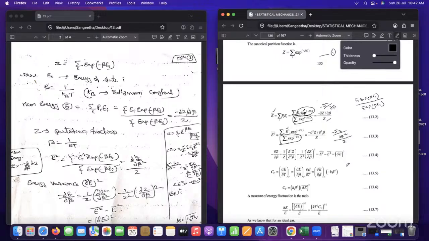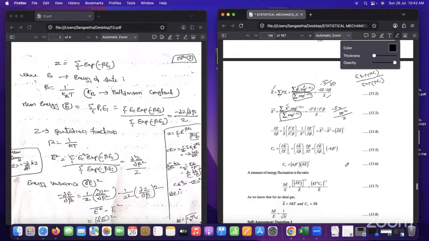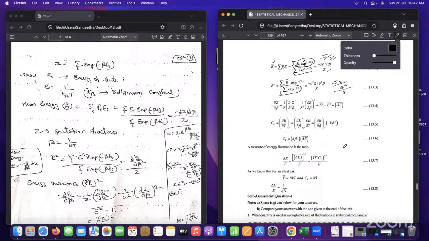Now what I am doing next, to dou Z by dou beta, we can also write, this is called the energy variance here. E square is called the energy variance. This energy variance term can also be written from the minus dou Z by dou beta term. Minus dou Z by dou beta can be written as the partition function, 1 by Z times dou square Z by dou square beta.